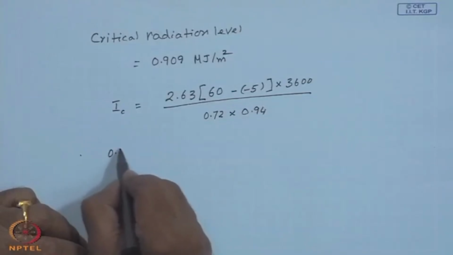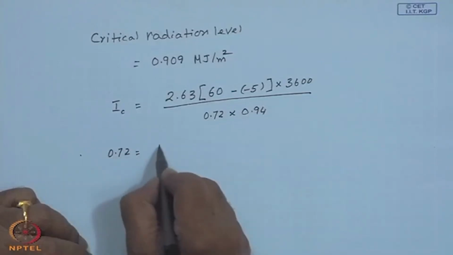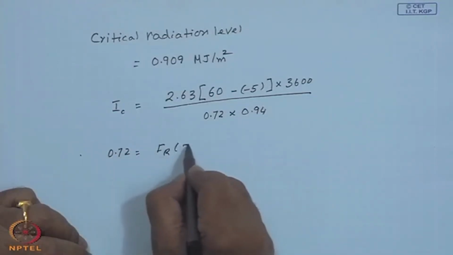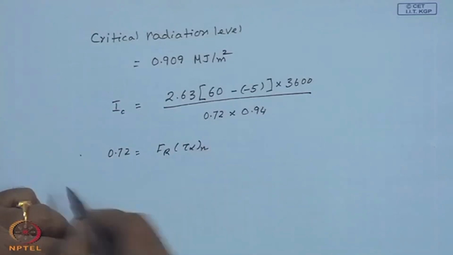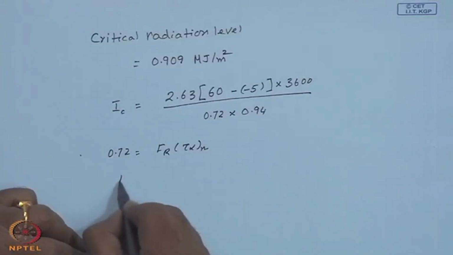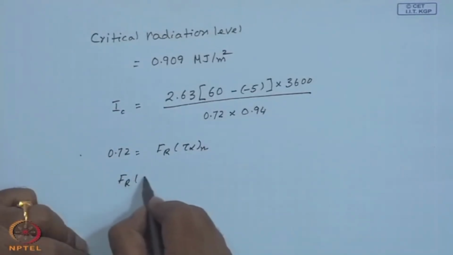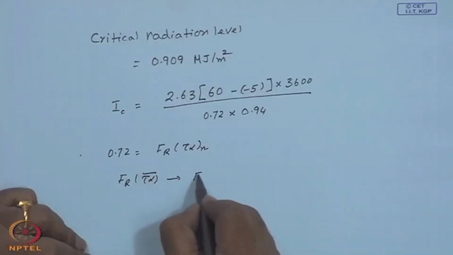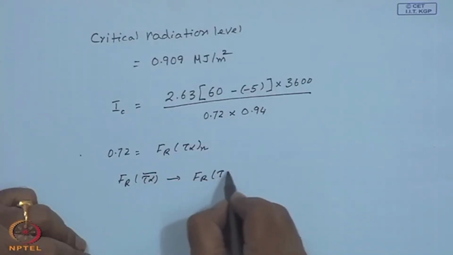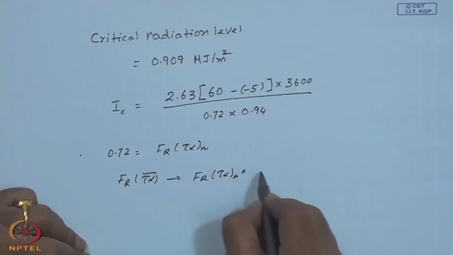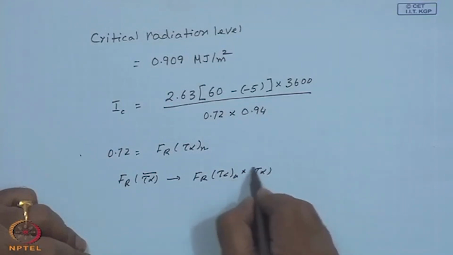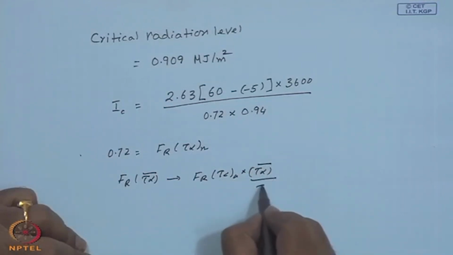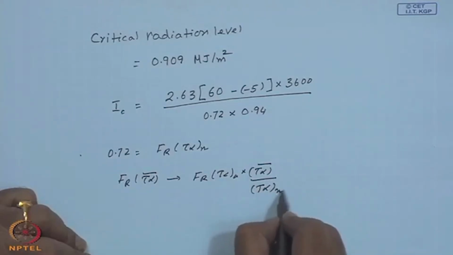This 0.72 is Fr tau alpha normal, but my Ic formula I need is Fr tau alpha bar, which is Fr tau alpha n multiplied by tau alpha bar by tau alpha n.